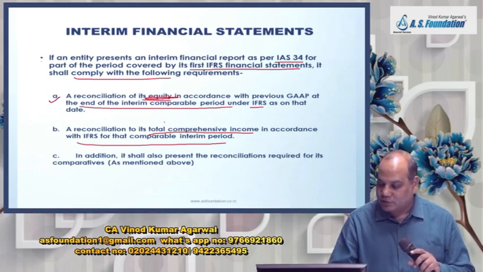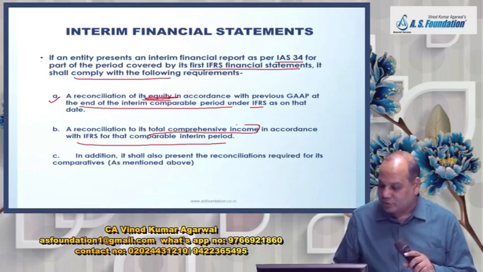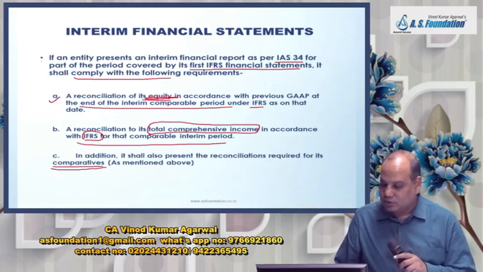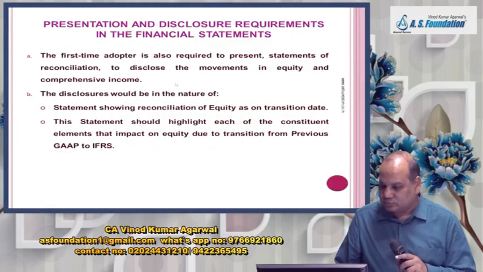This comprehensive income under old GAAP has to be reconciled with the comprehensive income under IFRS. In addition, it shall also present the reconciliation required for its comparatives. So for all the comparatives, reconciliation will be given. SOCI, total comprehensive income.